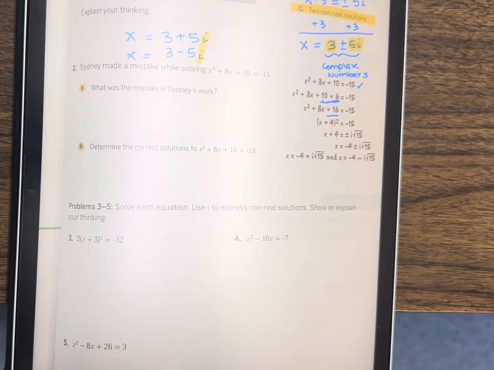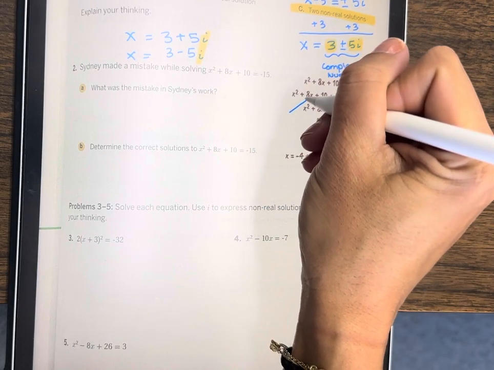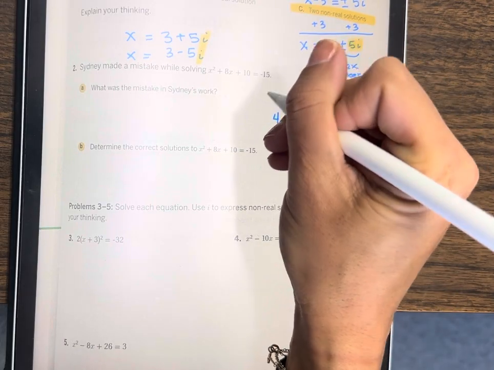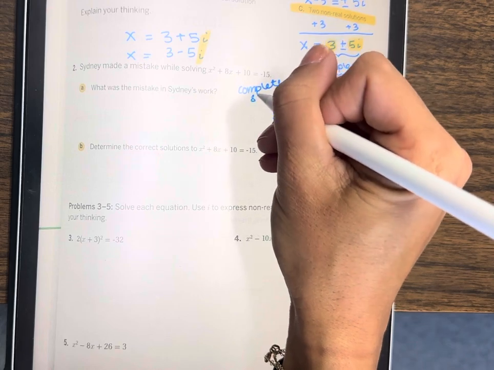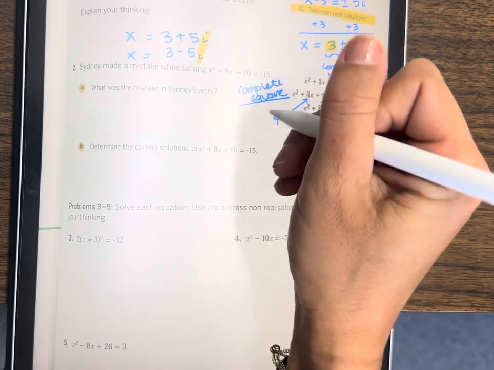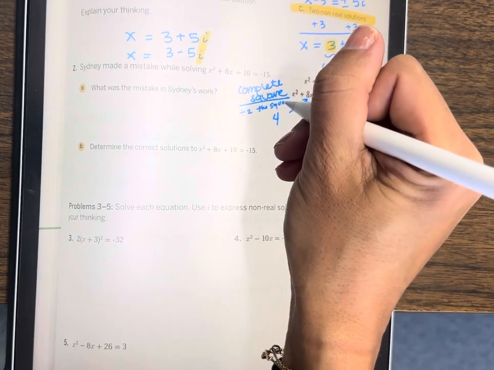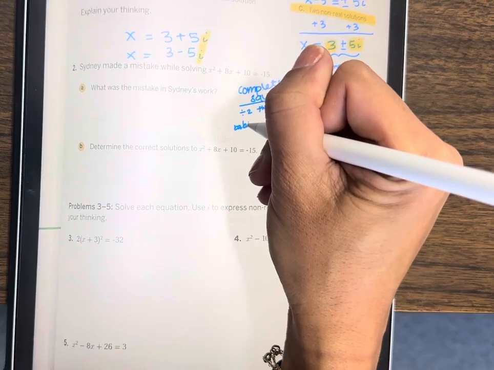Ooh, Sydney kind of completed the square by skipping a couple steps. Sydney divided that 8 by 2. Remember completing the square? 2-step process. Divide by 2, then square. And then after that, don't forget to balance.